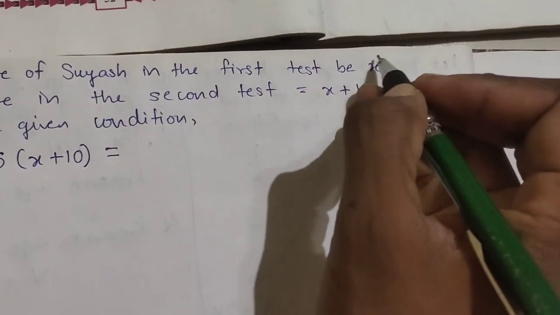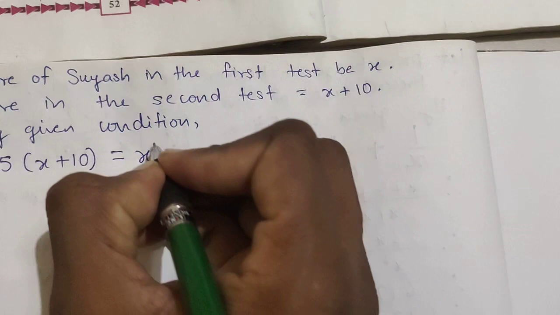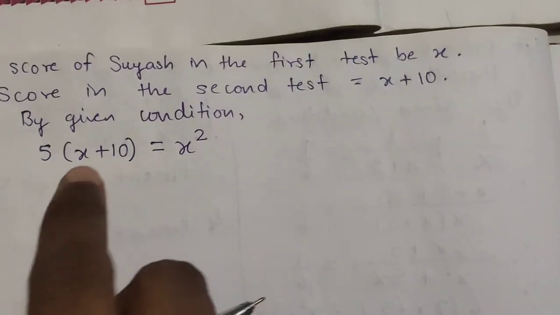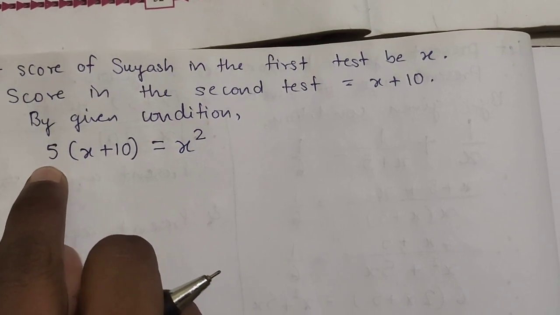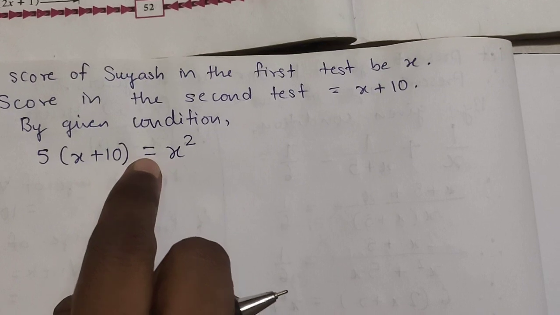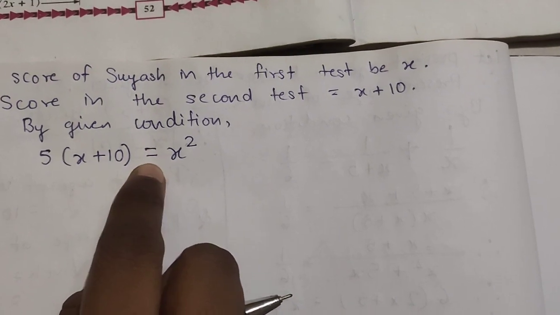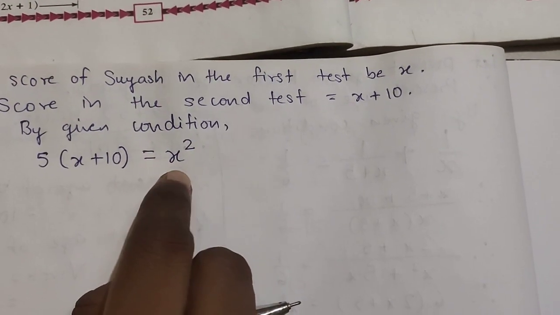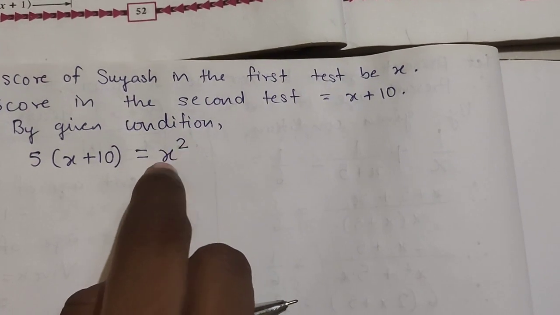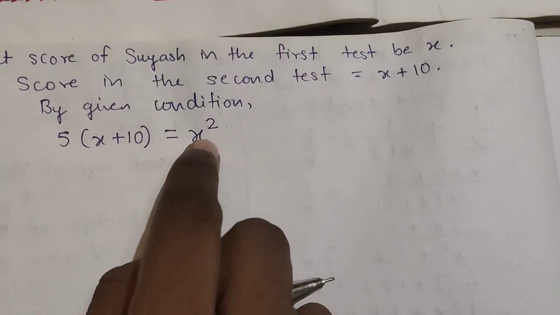So you have to take the square of the score in the first test. This is the condition. Again I am repeating, 5 times the score of the second test, so that is what we have done, is the same, means what? Equal to the square of the score in the first test.